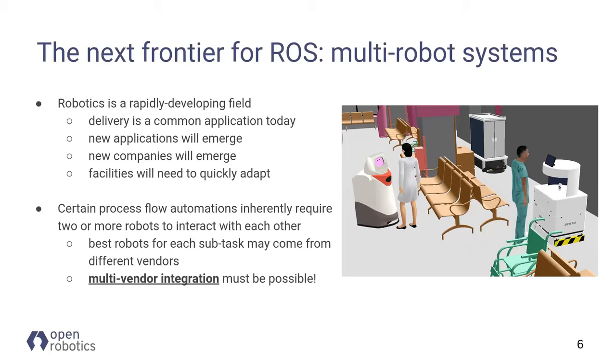And each subtask might require different robots from different vendors, right? So you might have one vendor providing the best robot to do one part of the task, and then other vendors will provide other robots for the other part of the task. Or you might need them to interact with each other in a certain way. So it's very important to enable multi-vendor integration to create an open ecosystem where you don't get vendor lock-in when you want to run your robots in a certain infrastructure, right?